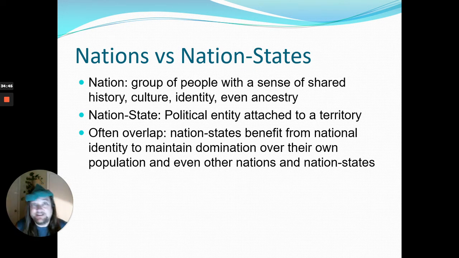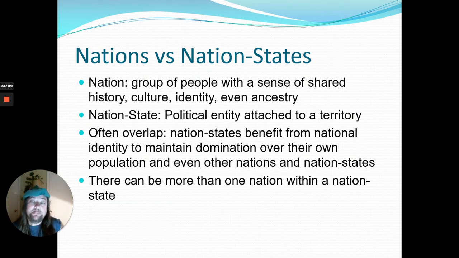So all that said, that's why Benedict Anderson's book is titled Imagined Communities, and the textbook talks about this as well. This is very relevant to this discussion. So here's the thing: because of these definitions, you can have more than one nation within a nation state, right? With the Canadian example, some French Quebecers identify as a nation within this broader nation state, and some of them want to be a separate nation state, that's a whole other story, right?